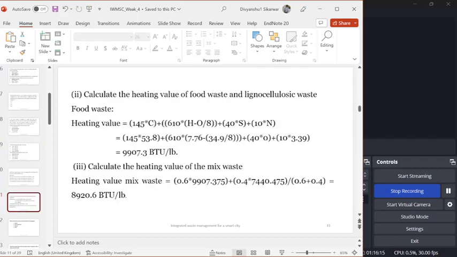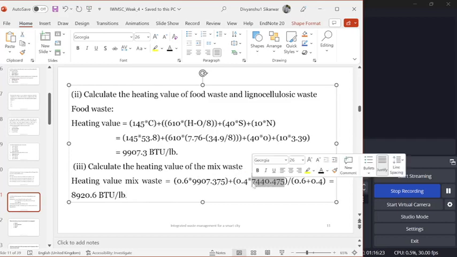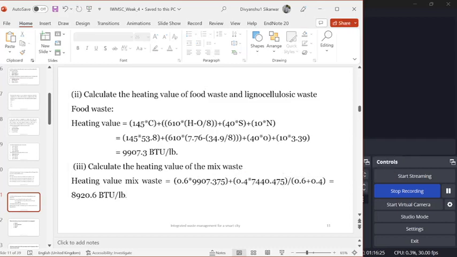The solution is given here. This is the value we got for the food waste, and this is the value we calculated for the lignocellulose waste. The percentage composition of carbon, nitrogen, hydrogen, and oxygen was: carbon 47.33%, nitrogen 1.62%, hydrogen 6.49%, and 44.54% for oxygen.